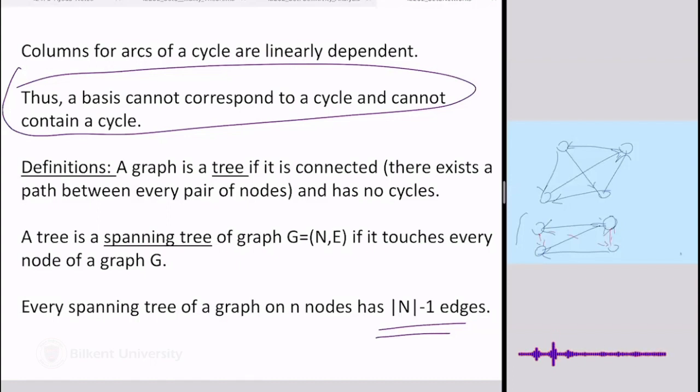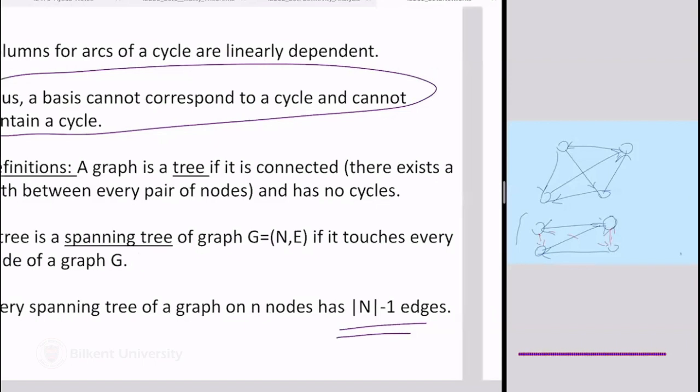So anything which is connected but not having a cycle is called a tree. And if this tree is touching all the nodes of my graph, that is called a spanning tree. And a spanning tree of a graph will have number of nodes minus 1 edges. All right? These are the things that we have accumulated for this algorithm.